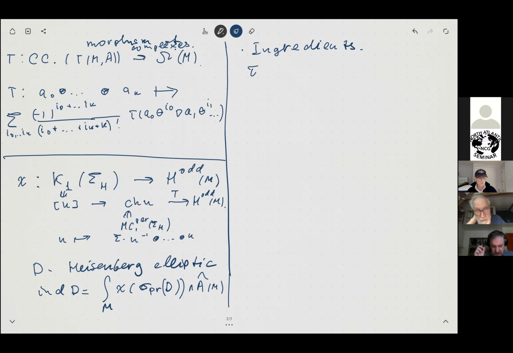Sorry, let me backtrack a bit. Chi is a composition of the map T, which is in the upper left corner, right? And this is a formula which involves trace.